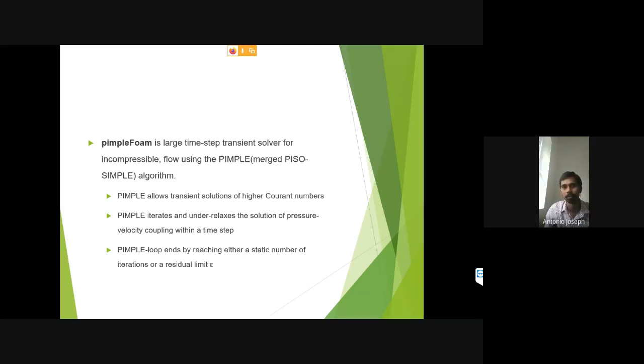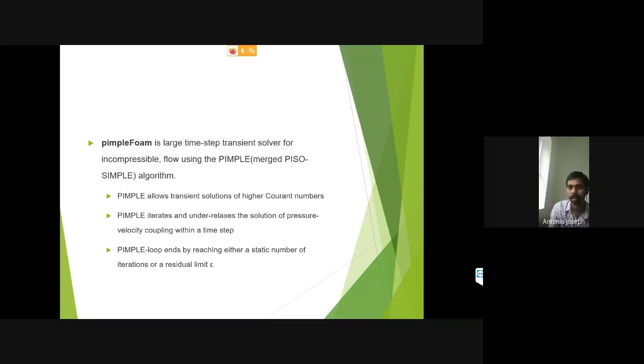While using pimpleFoam, even though the Courant number increases beyond some particular value, the solution goes on. So it permits a high Courant number. Then pimpleFoam iterates the solution of pressure-velocity coupling within a time step. That means we can have variable time steps because it's a transient problem. The PIMPLE loop ends by reaching either a fixed number of iterations or a residual limit.